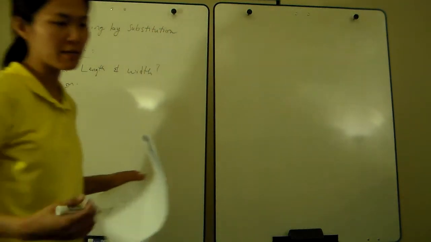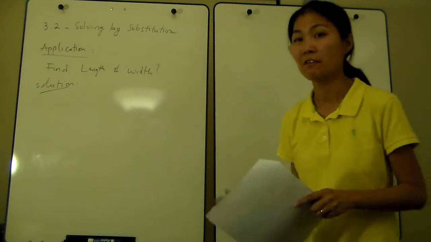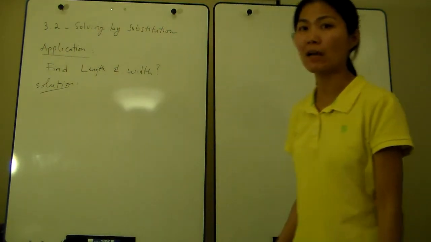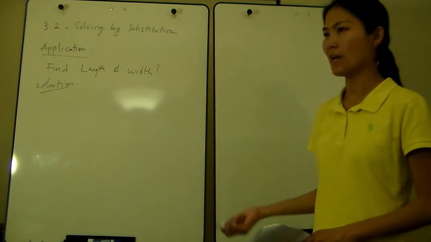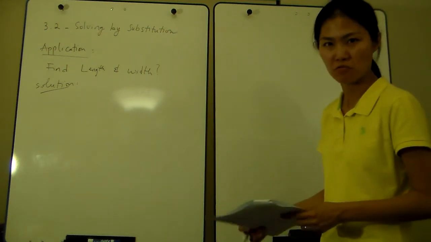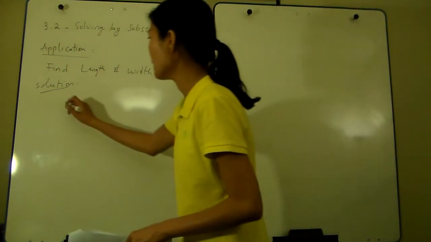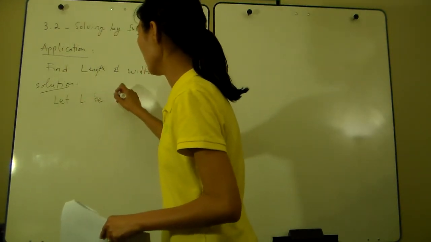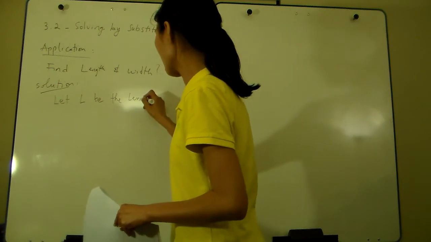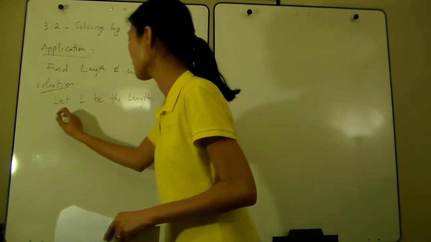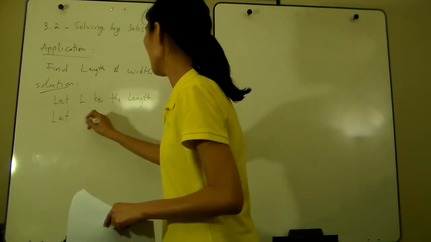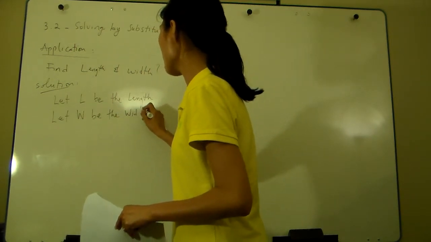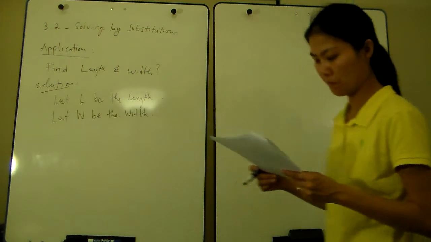To solve this, let's come up with variables, because we don't want to use the whole term length as the variable. I mean, we can, but it looks very complicated to solve the equation. So let L be the length of the soccer field. Let W be the width of the soccer field.